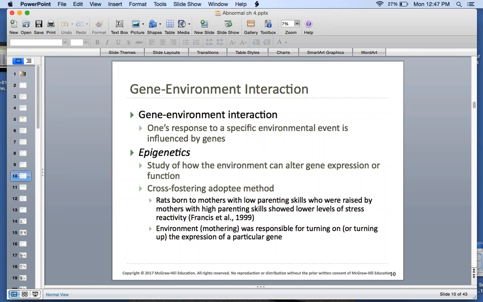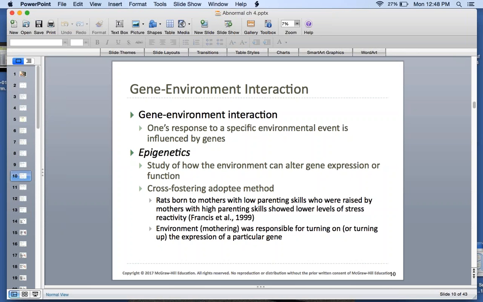We have something called the cross-fostering adoptee method. So here's an example of that. We have rats, right? Lots of people start with rat studies. We have rats that are born to mothers with low parenting skills. They were raised by mothers with high parenting skills and showed lower levels of stress reactivity.